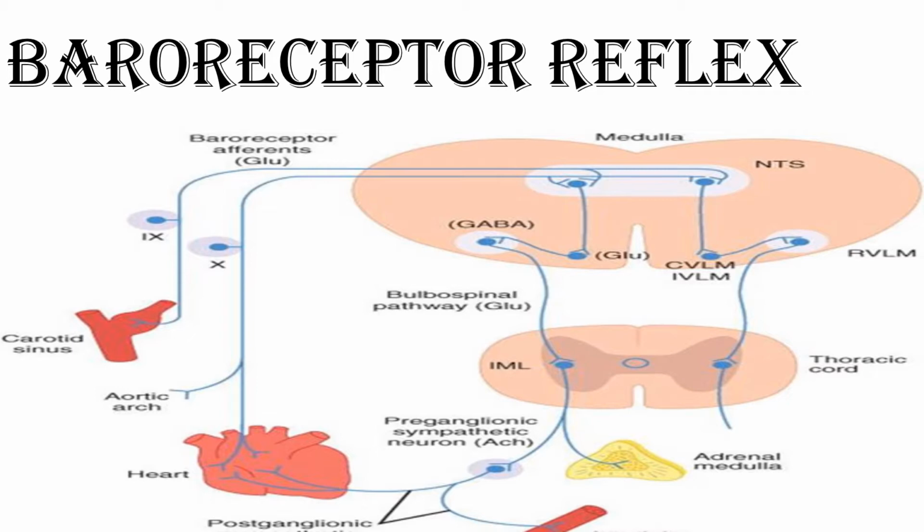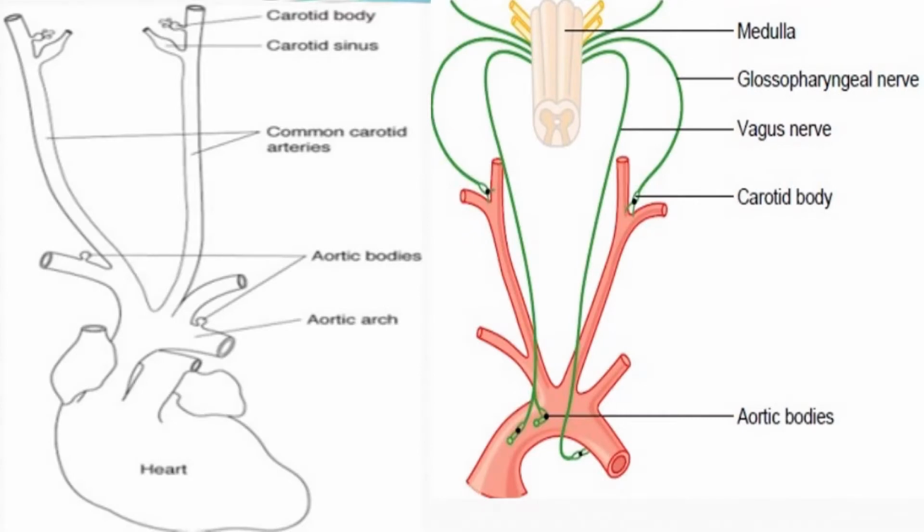Receptors are also located in the walls of the right and left atria at the entrance of the superior and inferior vena cava, and also in the internal carotid artery, just above the bifurcation of the common carotid into external and internal carotid branches.